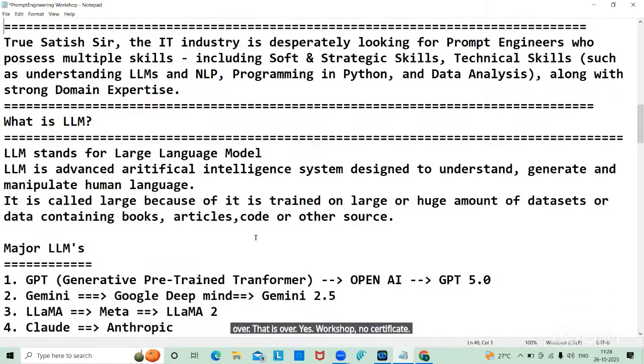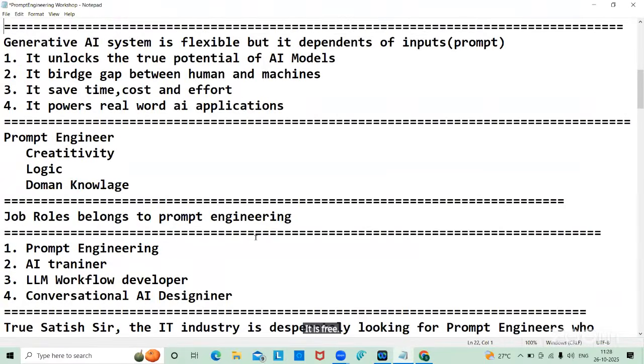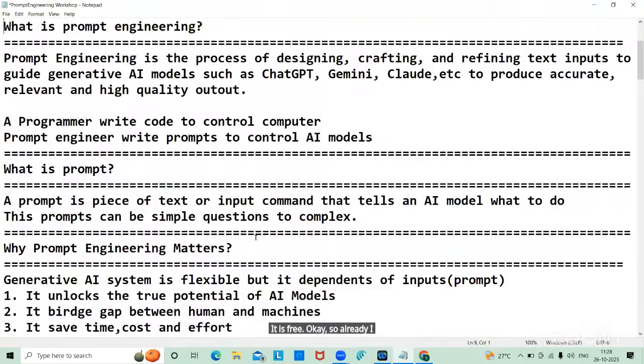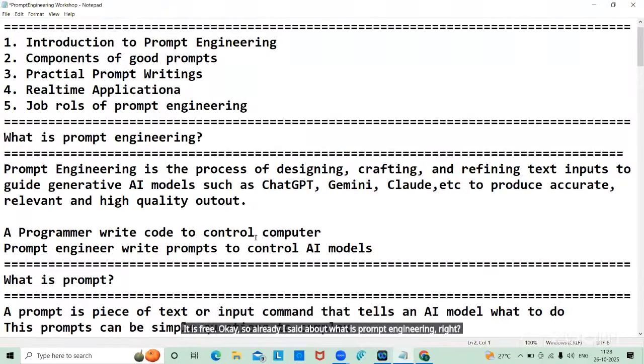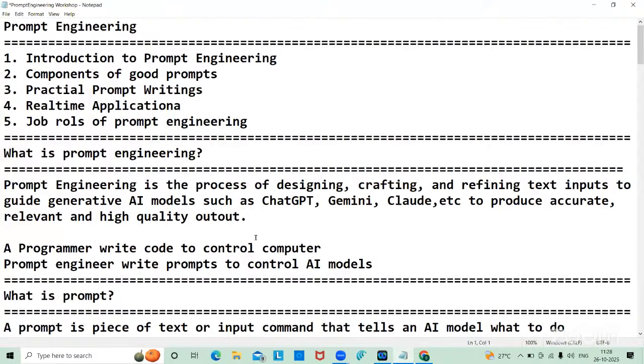It is free. Okay. So I already said what prompt engineering is, right? We'll discuss the resources and everything later. If you have a career gap, this does not belong to a career gap or anything. You can build your own things. Yeah, tell me any questions?